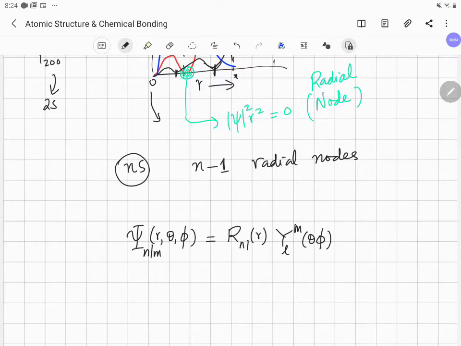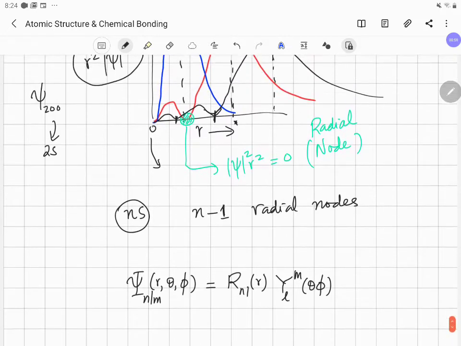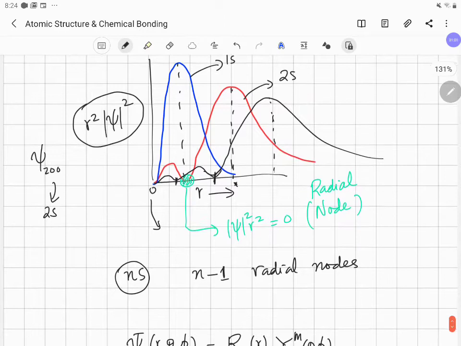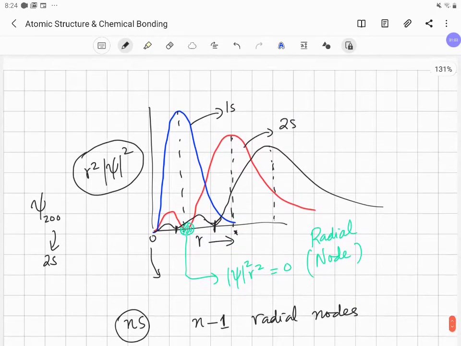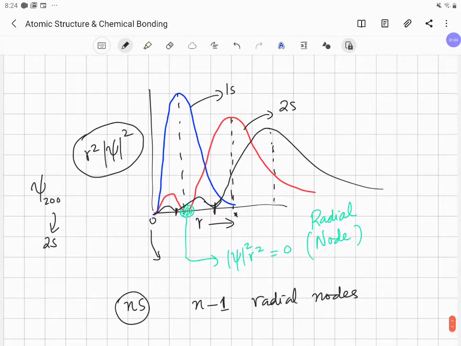where these angular functions are known as spherical harmonics, and the radial function is what we were plotting in the last class together with the r square. We have seen for many orbitals, 1s, 2s atomic orbitals, etc., the radial function in terms of radial probability densities looks in this form.